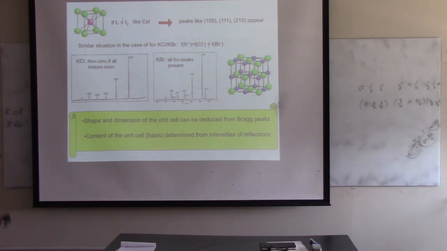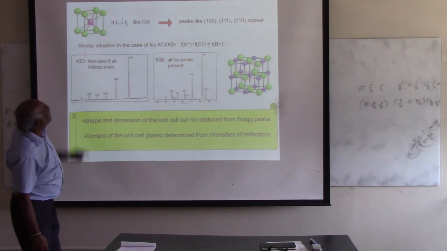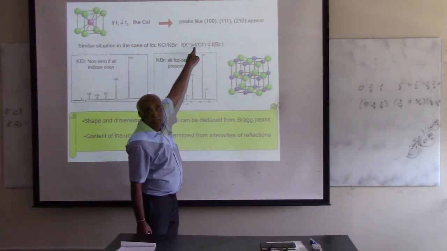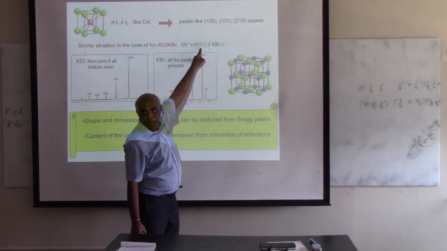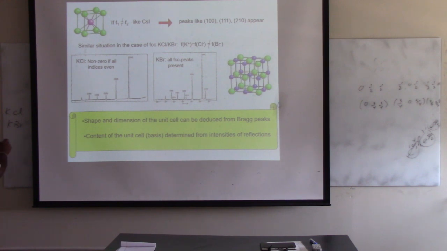So if you consider potassium chloride, the potassium and chlorine ions have very similar structure factors. Fk and Fcl are the same, but if you consider potassium bromide, Fk and Fbr are not equal. You can see now if we have something like this, if they are equal, this becomes 0, right? If they are not equal, they are non-zero.